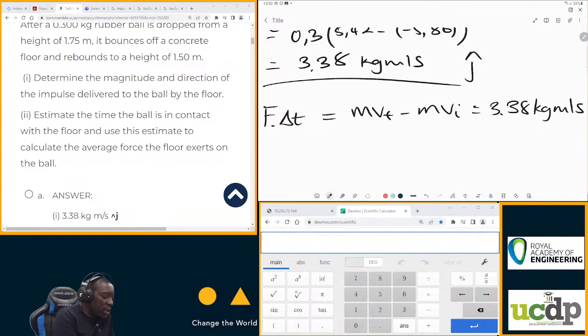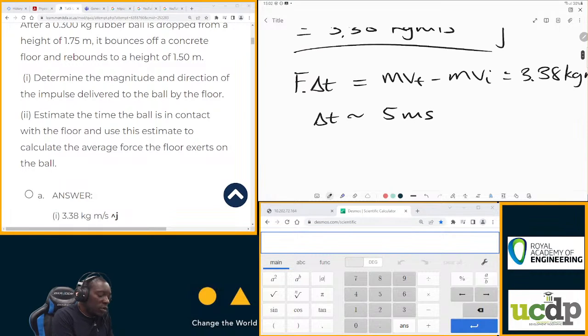So if we take an estimate of about delta t, estimated to be not 0.5, but 5 milliseconds.